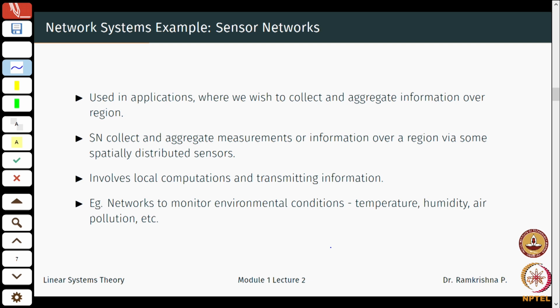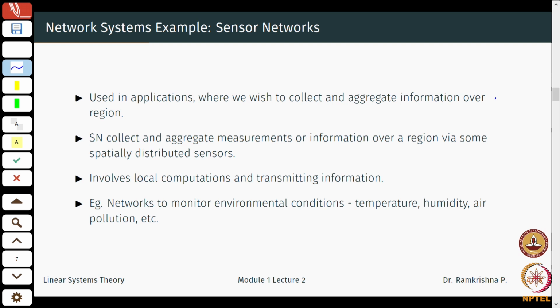Not to the details of this, but just to give a little introduction to what these sensor networks are supposed to do. So, these are used in applications where we wish to collect and aggregate information over a region. So, what do these sensor networks do? They collect information, they compute and then aggregate all the measurements with some specially distributed sensors, and these have their own computing and transmitting capabilities, right.